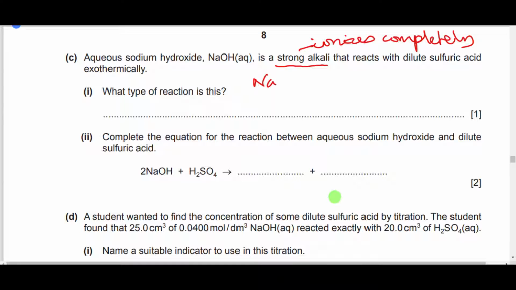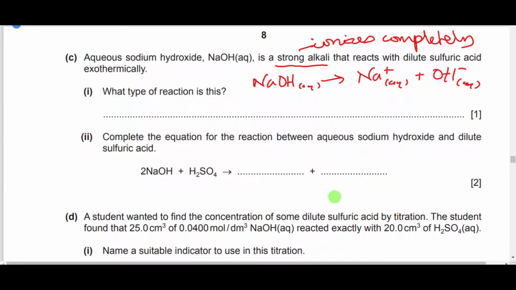Sodium hydroxide, NaOH aqueous, gives us Na plus aqueous plus OH minus. Unlike ammonia that had reversible arrows, this one is a one directional arrow.